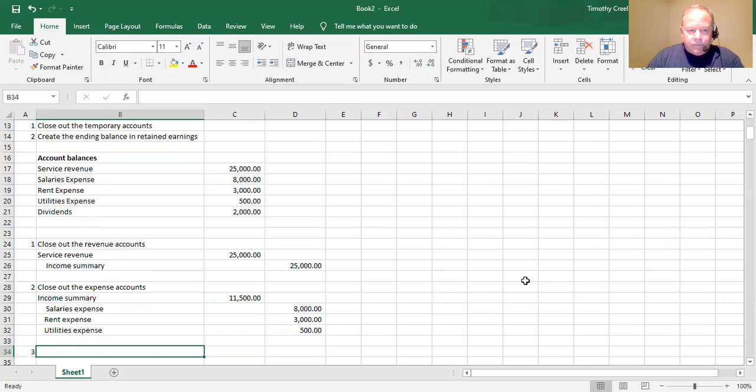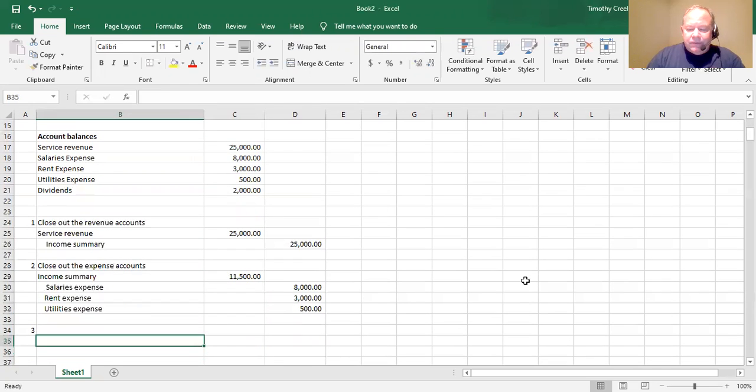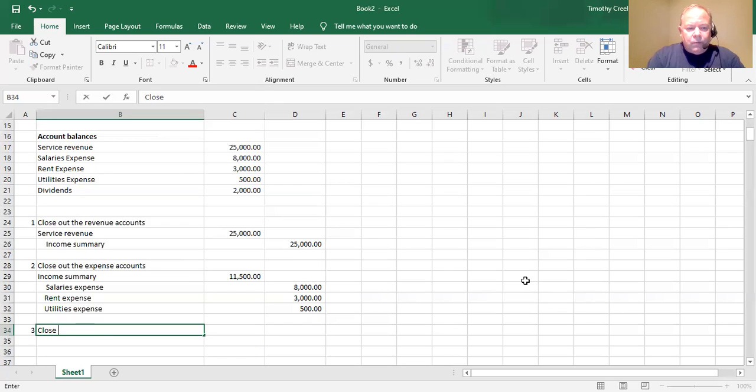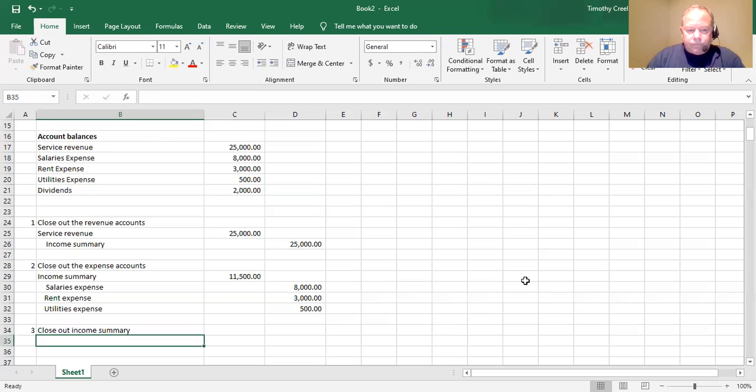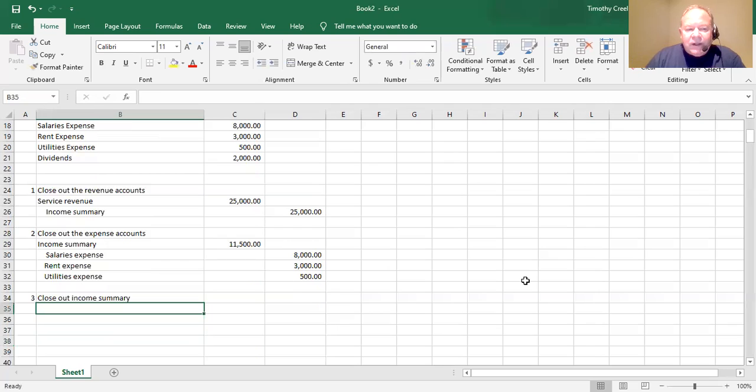Now, the third thing we want to do is close out income summary. So if we're going to close out income summary, we want to take the balance in there and close it out to 0. A good way to do this is to look at a T account.